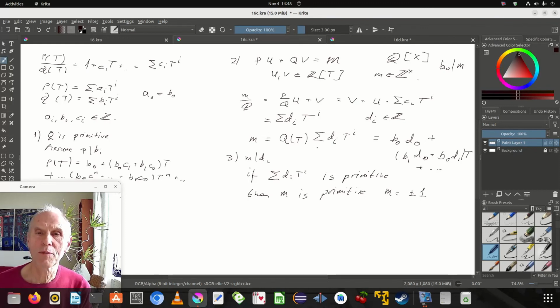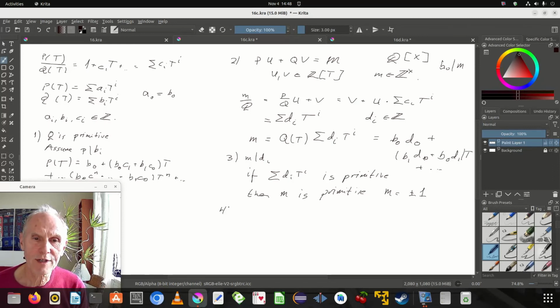Then this product will be m divided by p. Now, then this product will be primitive, means it's unity. So all the factors we can take out. Oh, that shows exactly what I needed. If it's primitive, then m is plus minus 1, so m must divide each of them.